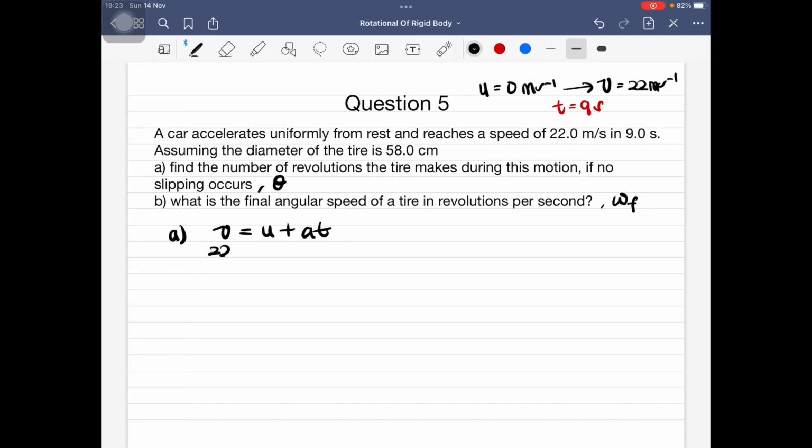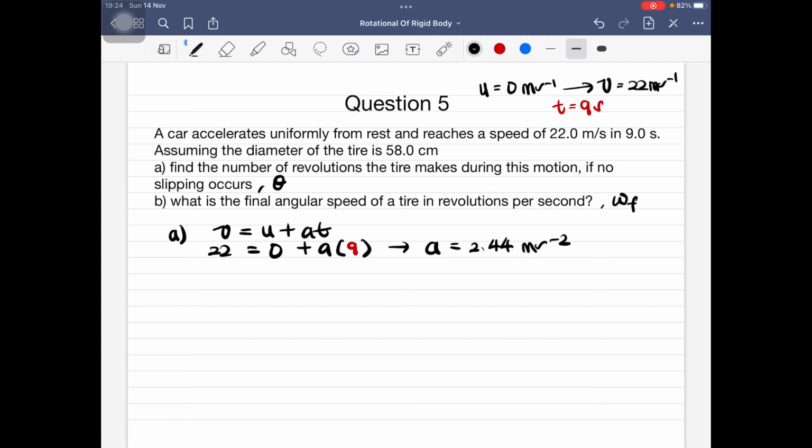So we have 22, u is 0, plus a, time is equal to 9 seconds. So your acceleration is equal to 2.44 meter per second square.